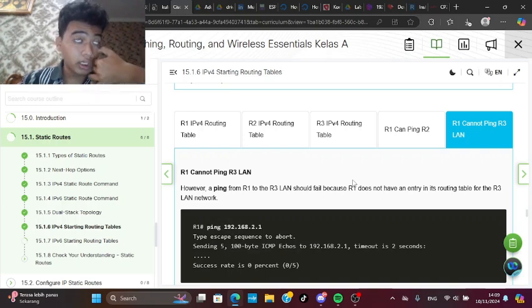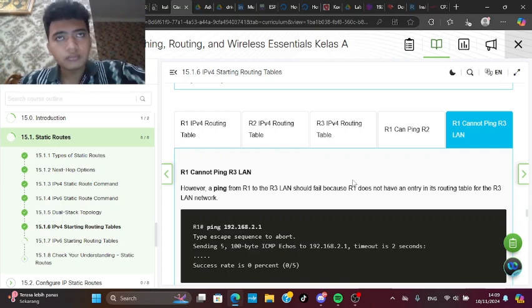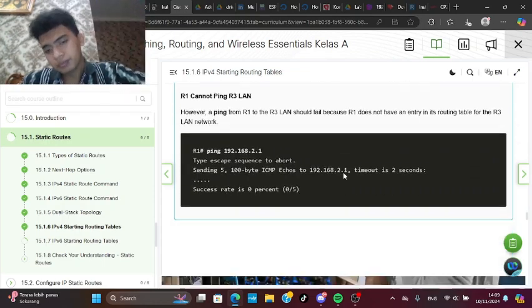So for any networks outside those directly connected, router 1 cannot ping or forward any packets to outside of its network.